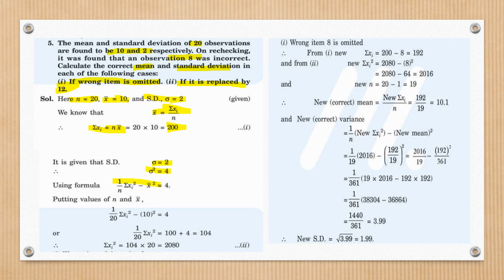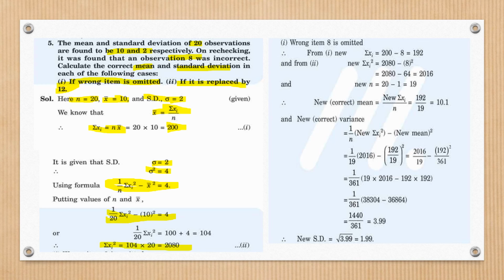Now using this formula, 1 upon n times summation xi square minus x bar square, it is 4. Putting the value of n and x bar, it becomes 1 upon 20 times this. So I get the value of summation xi square. What is my summation xi square?